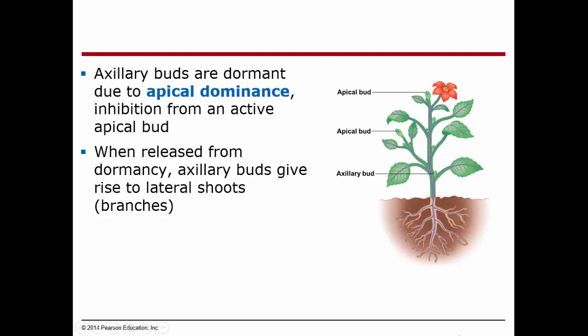So typically the loss of an apical bud results in the stimulation of growth in two or more axillary buds.